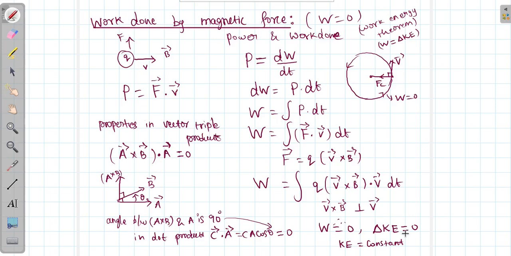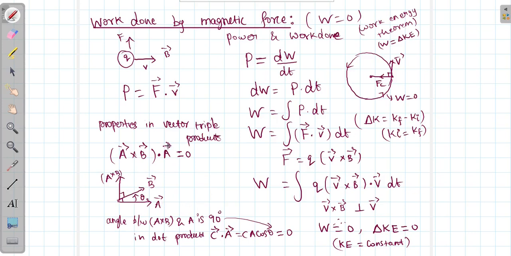Delta K equals K final minus K initial. If this is equal to 0, K initial equals K final. No change in kinetic energy. That is why it becomes constant.